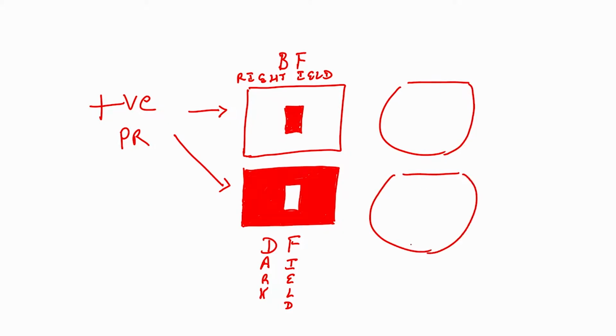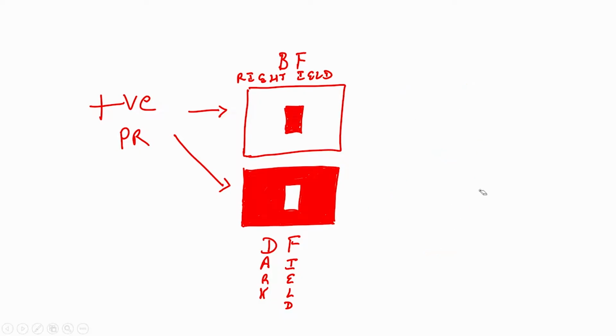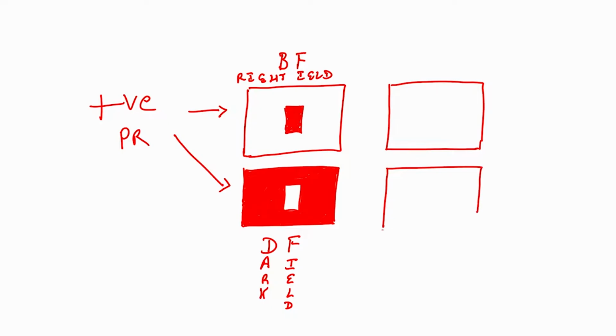So, this is a silicon wafer. Let me just draw a rectangular substrate, it becomes easier for you to understand, a rectangle substrate like this. Then when I use a bright field mask and positive photoresist, I will have this pattern.